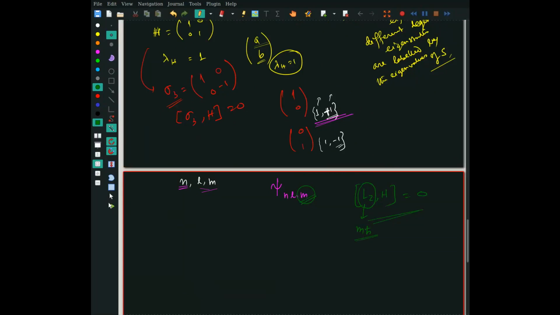If you have a central potential, then Lz always commutes with H, and that's why your energy eigenvalue never depends on the azimuthal quantum number m. This always holds no matter what the structure of the potential is, as long as it is central, as long as it depends on the magnitude of r.